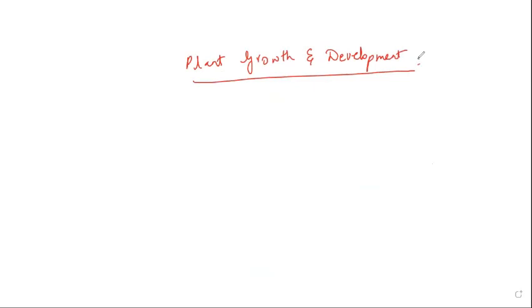Generally, plant growth is indeterminate as plants retain the capacity to grow throughout their lives because of the presence of meristems. The growth of a plant is, however, measurable through parameters such as dry weight, increase of fresh weight, length, area, volume, cell number, etc.